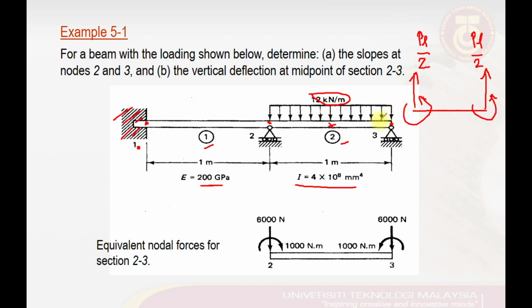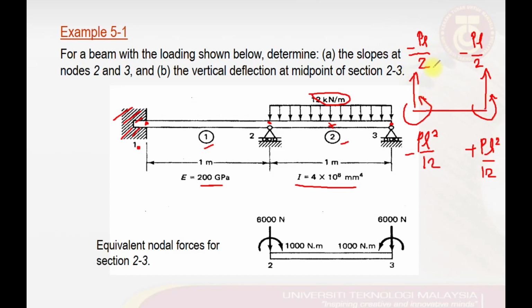But in terms of these directions, we have opposite direction, so I give it negative there and there, and we have PL square over 12. So here will be negative, and here we have positive PL square over 12.